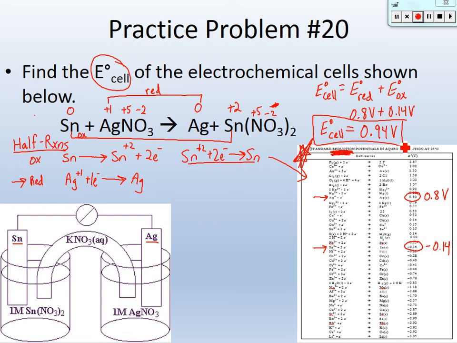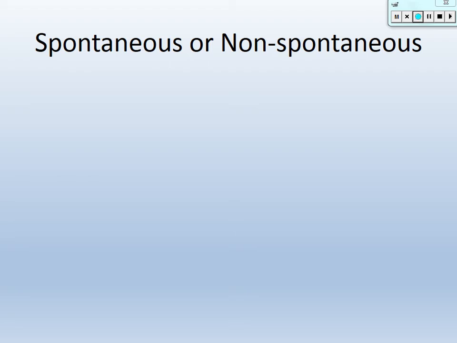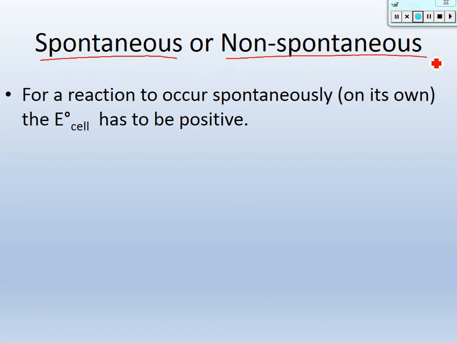We're going to move on to a different concept now. And this concept is about spontaneity, or whether it is a spontaneous reaction or a non-spontaneous reaction. For a reaction to occur spontaneously, now when I say spontaneously, I mean on its own, without help, the electric potential of the cell, or the cell voltage, has to be positive.